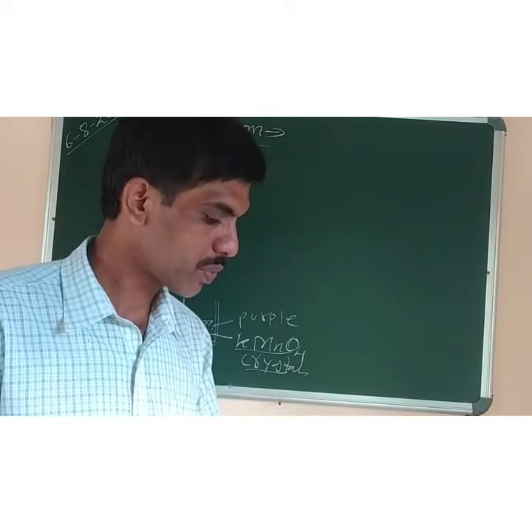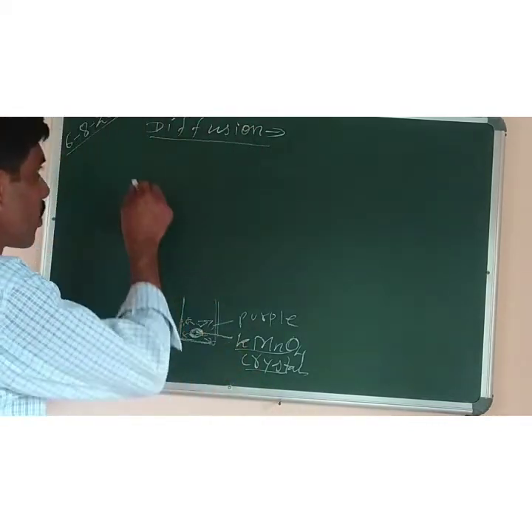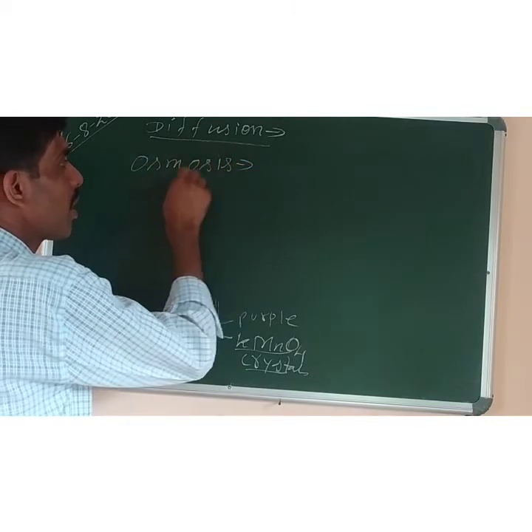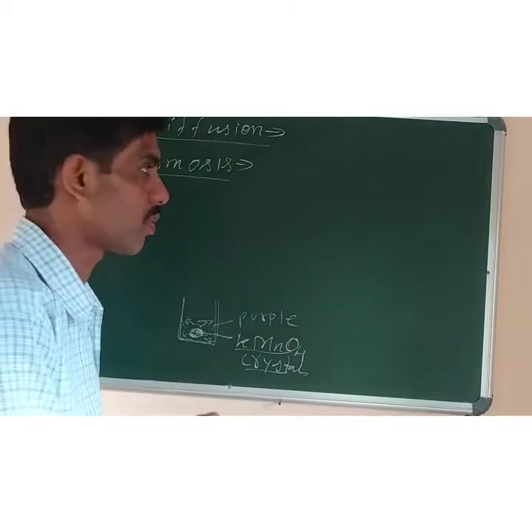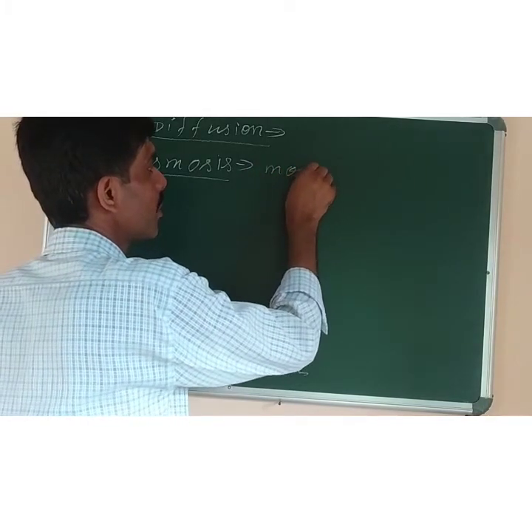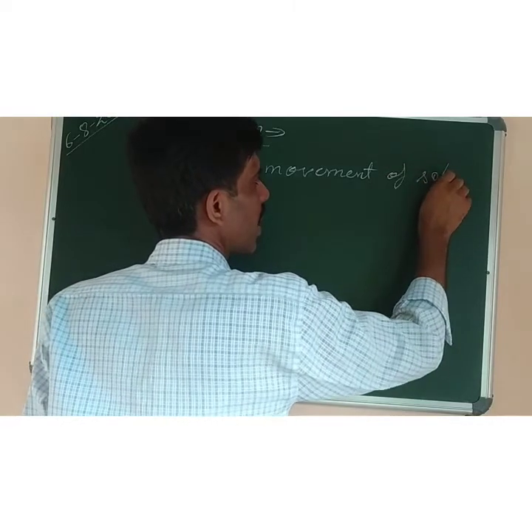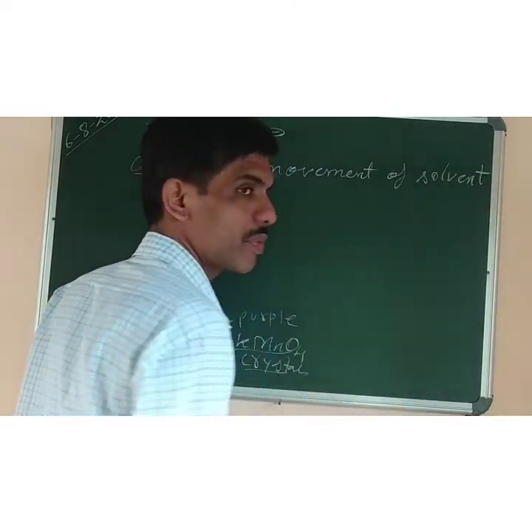Okay. So next we have to do is osmosis. What is osmosis? Osmosis is the movement of solvent molecules. Solvent means liquid, like water molecules, because water is the universal solvent.